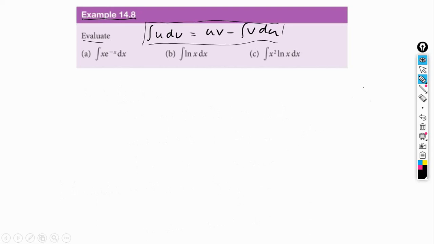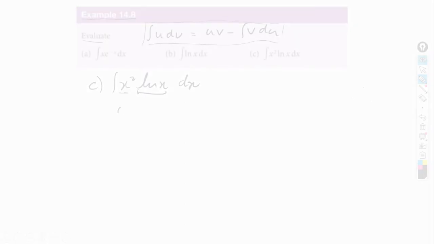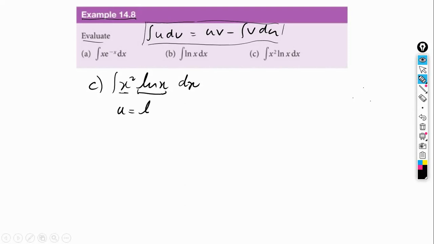Okay, so now we are going to do example C, which is the integral of x squared natural logarithm of x dx. So here again, when we want to decide what's u, u is equal to natural logarithm of x, and our dv, or derivative of v, would be x squared dx.